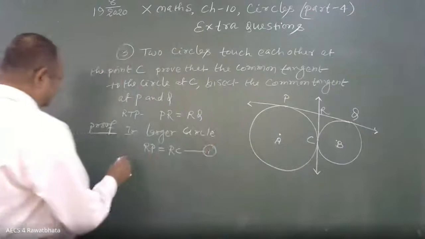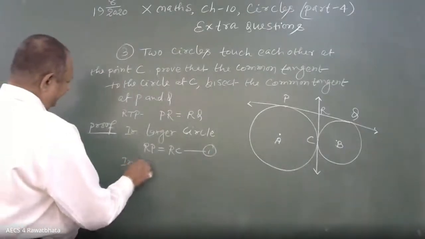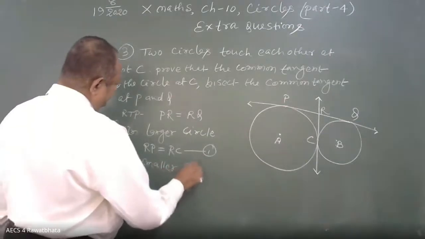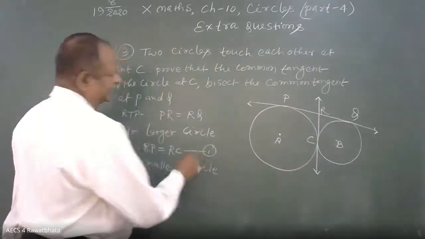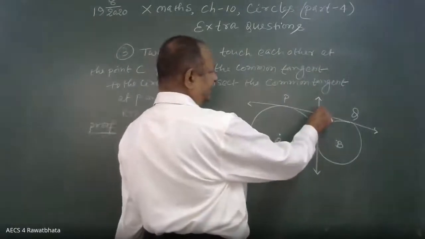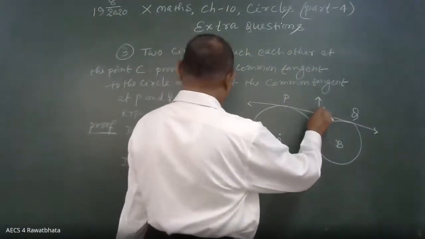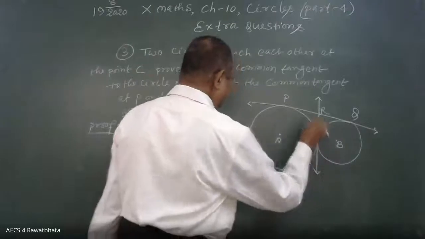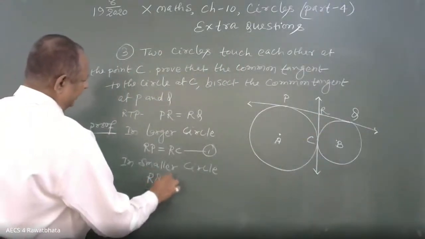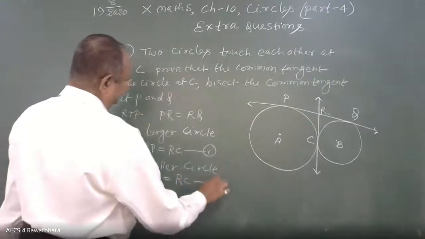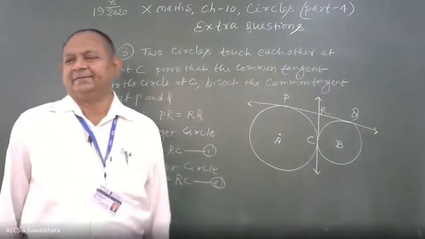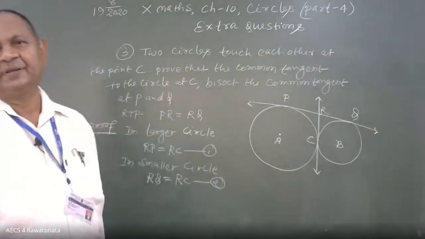Similarly, in the smaller circle, R is a point outside the circle, so RQ will be equal to RC. Right? The reason is the same.